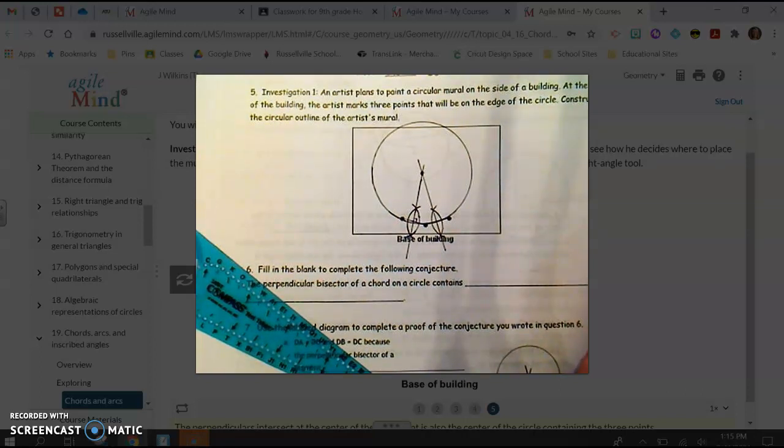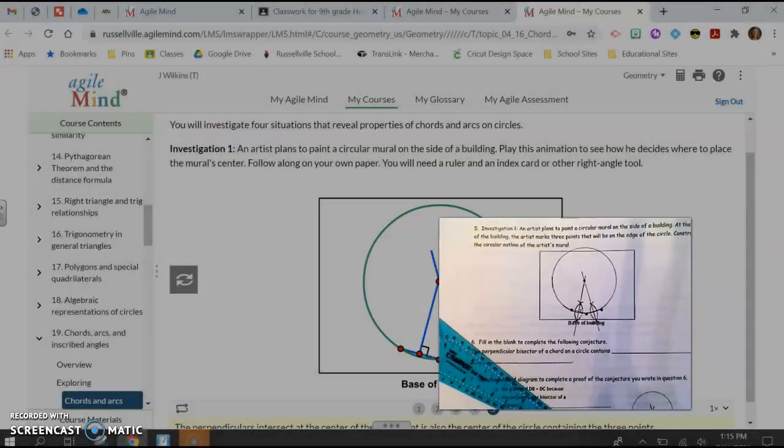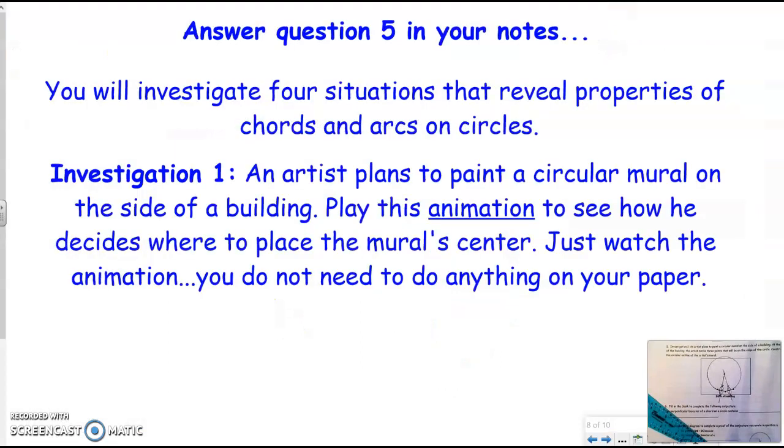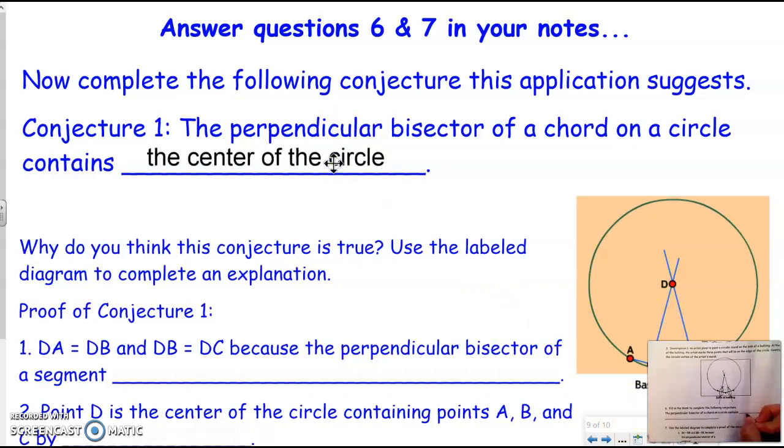Now we're going to look at the reason why this makes the center of the circle. It says that now that you've completed the following conjecture, this application suggests that the perpendicular bisector of a chord of a circle contains the center of the circle. So right here, we're going to put the center of the circle.